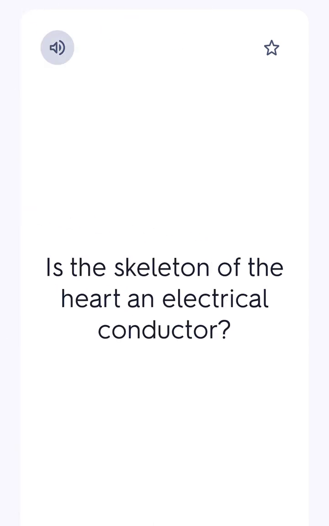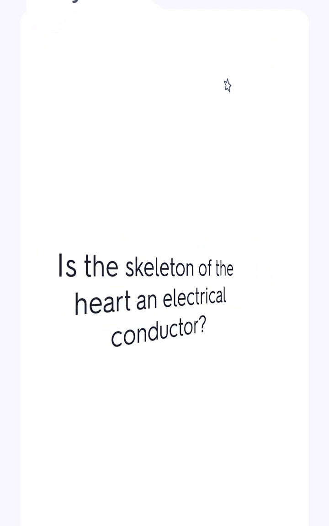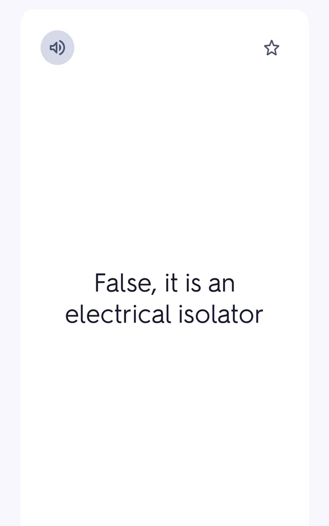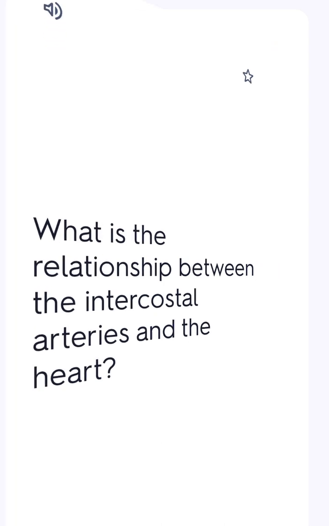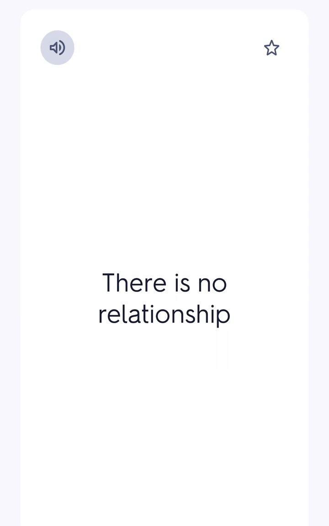Is the skeleton of the heart an electrical conductor? False. It is an electrical isolator. What is the relationship between the intercostal arteries and the heart? There is no relationship.